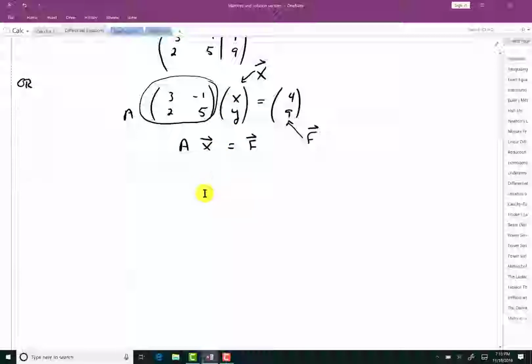Your textbook will use bold letters for vectors. So I'm not exactly sure how I'd represent it.